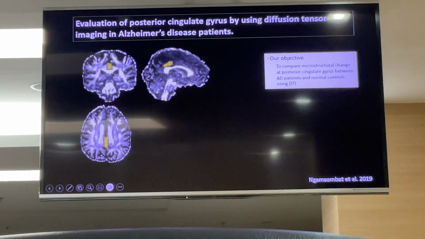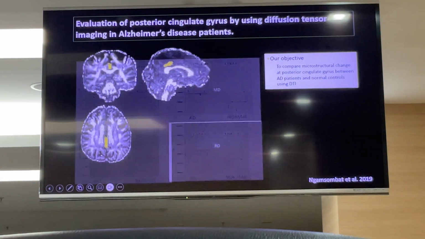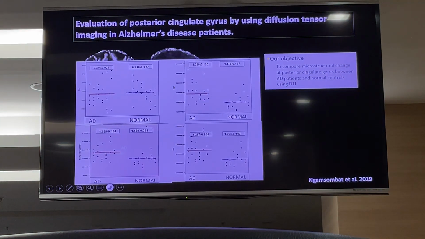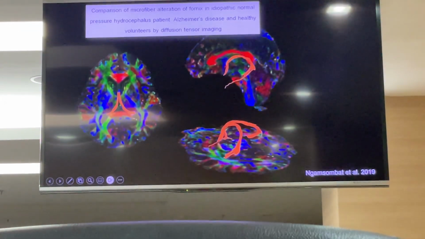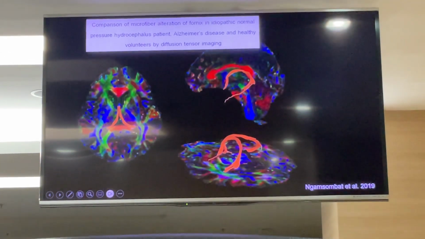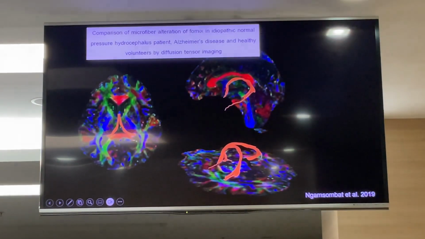We also analyzed the tensor in Alzheimer's disease. At that time, I analyzed the posterior cingulate gyrus, which is believed to be an early area of involvement in Alzheimer's disease. The tensor showed differences between patients and controls. I also analyzed the fornix in Alzheimer's disease and in hydrocephalus.